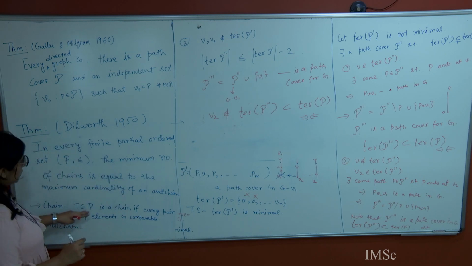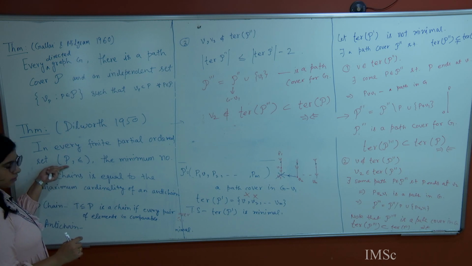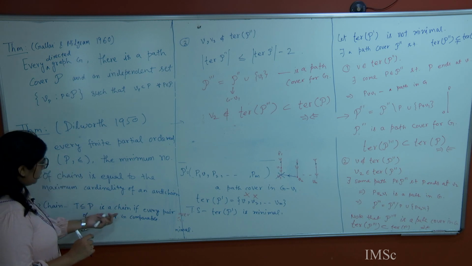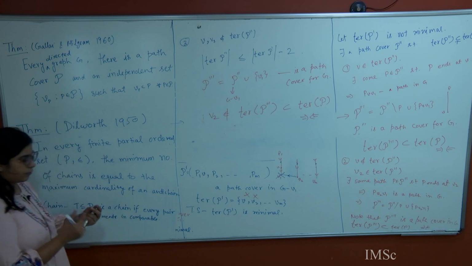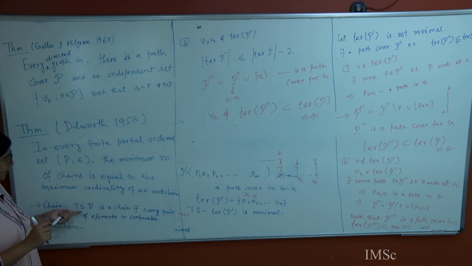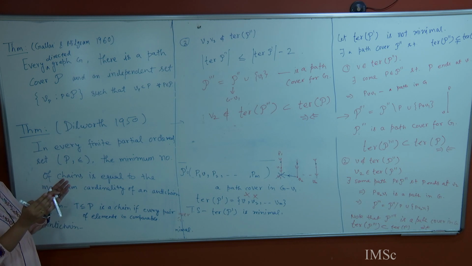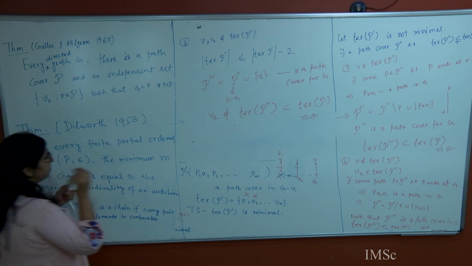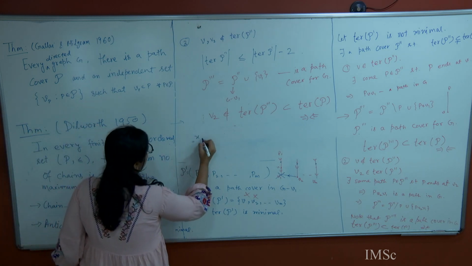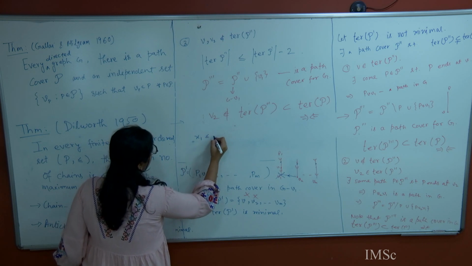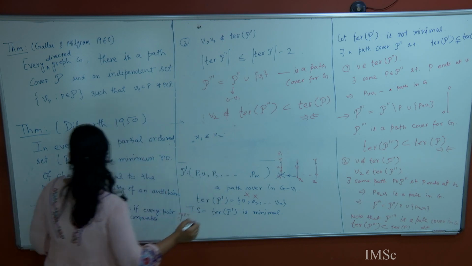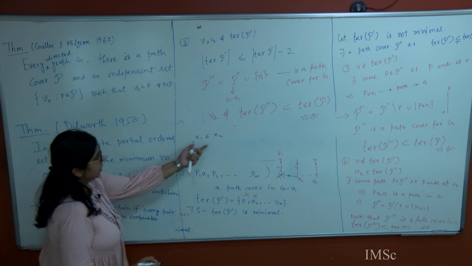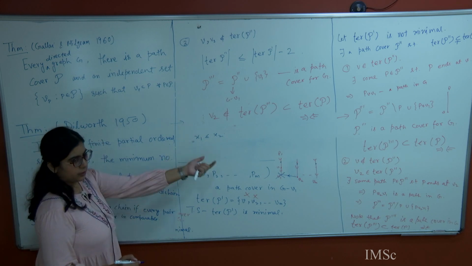So a subset of this partially ordered set is called a chain if it is pairwise comparable. Comparable means that we can tell whether x1 is related to x2 or x2 is related to x1.